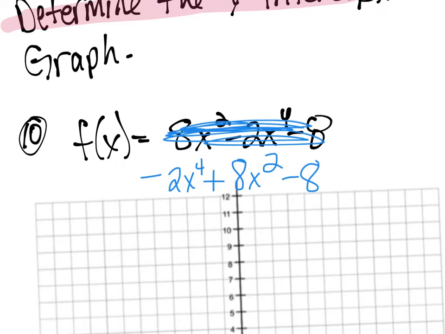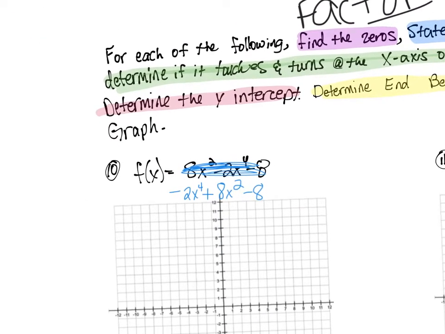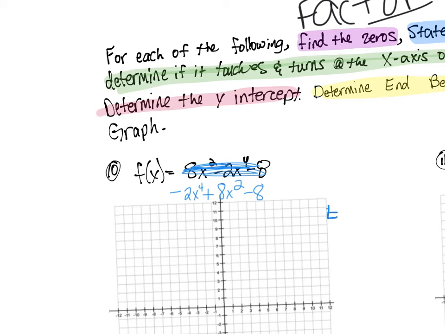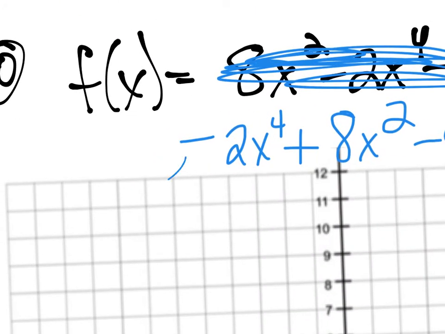Okay, now we are in descending order of exponents. So now we can determine end behaviors and all that stuff. Look at the highest exponent. What is the highest exponent you see? 4. So my end behavior is 4 even or odd? Even. That means the arrows are going in the same direction or different? Same. Look at the coefficient.